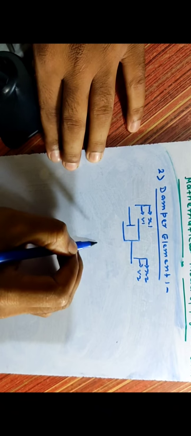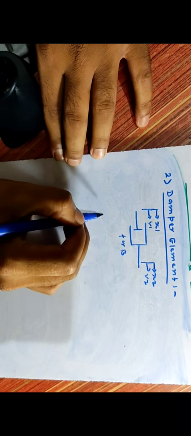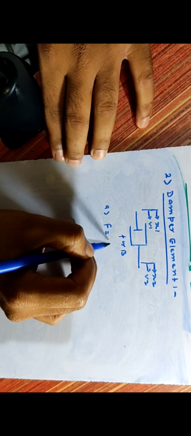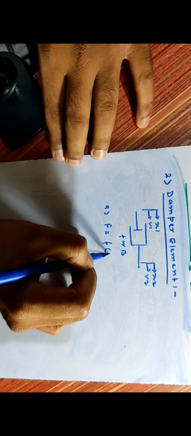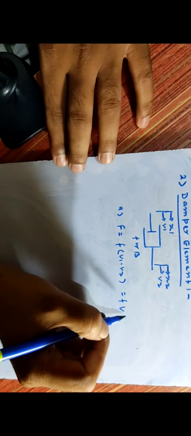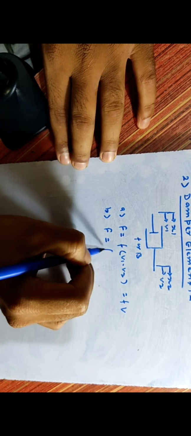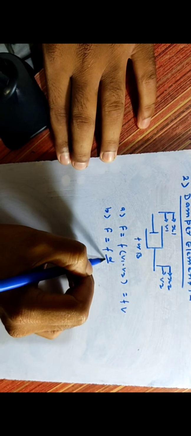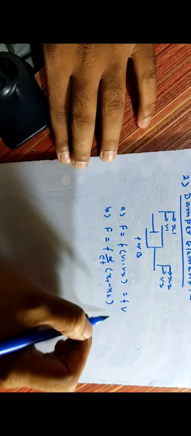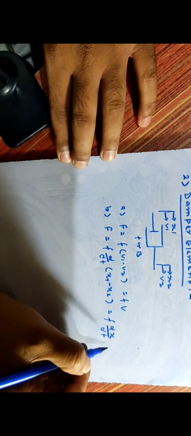F or B. Force is equal to B(v1 minus v2), and force is equal to B d/dt (x1 minus x2), which is B dx/dt.